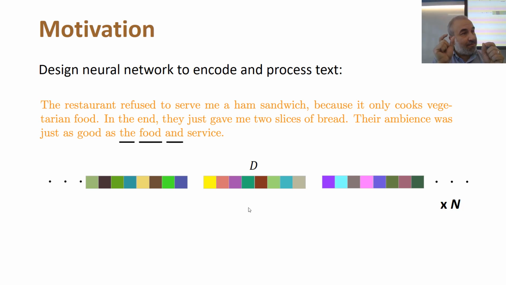The word has a representation in that sentence that might be different from the representation of the same word in another sentence or another document. We'll talk about that later. But for now, let's assume that each word has an embedding vector, and we learned that embedding vector somehow.